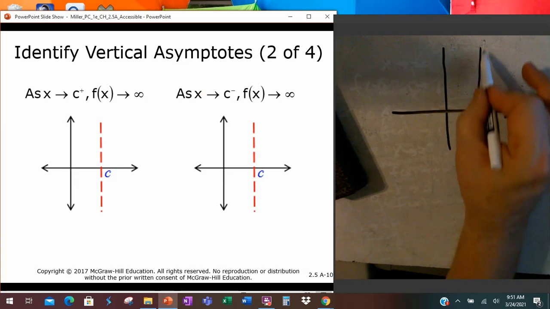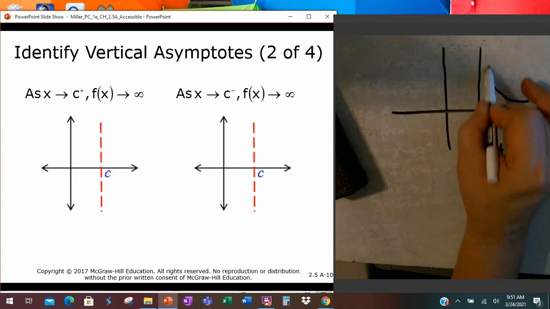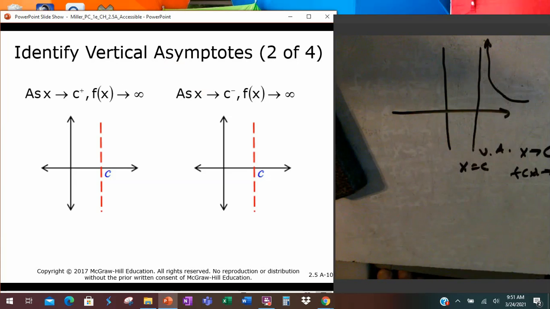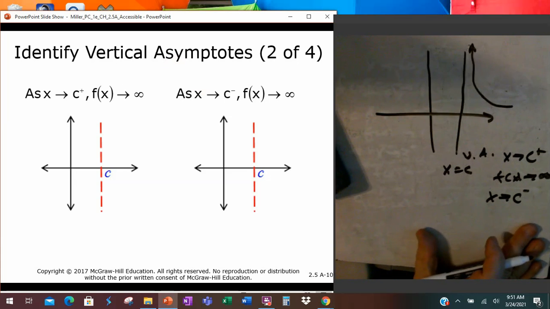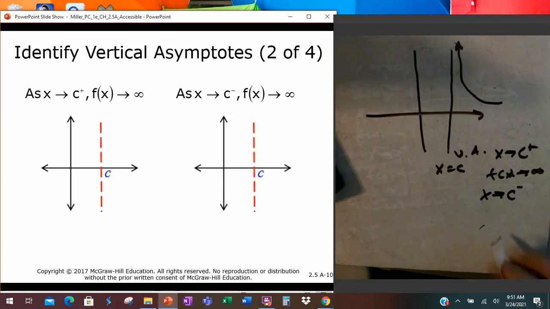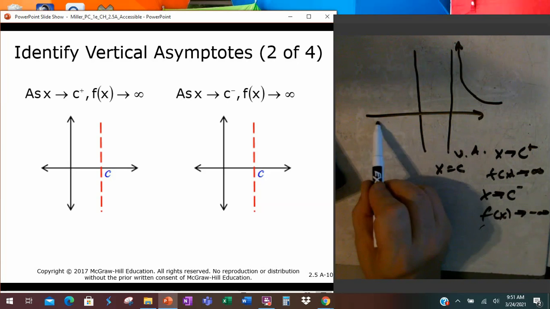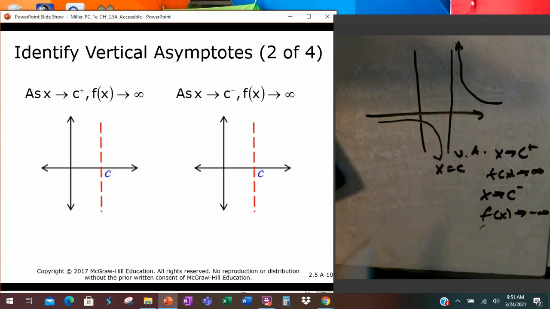So as we go here, it's going to go up. And as x approaches c from the left, f of x goes to negative infinity, and that's given. So as we're coming this way, that blows up around there. That's a vertical asymptote, and that's the model we're going to use to graph based on vertical asymptotes.